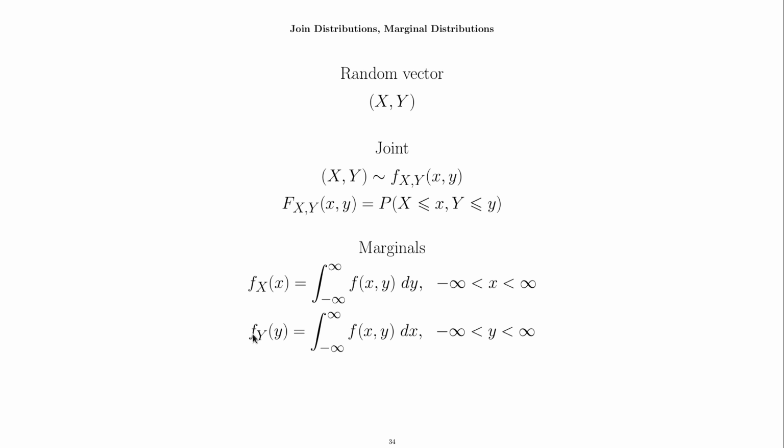And for y, you do that the other way. So I just wanted you to have seen this notation, and to know that this is often what we will deal with in a real experimental setting.